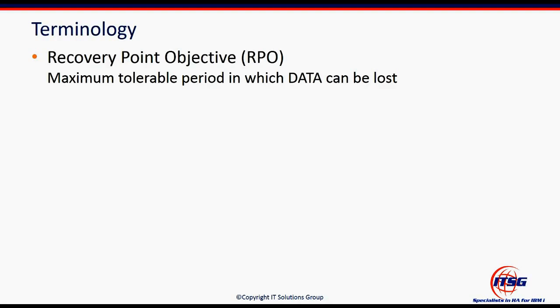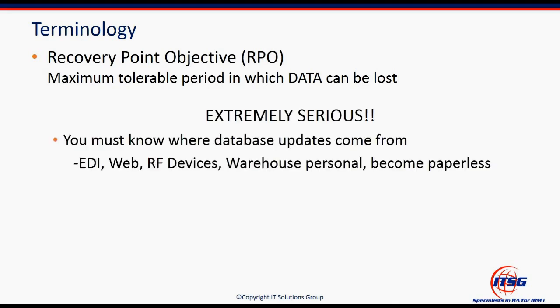Some terminology we want to talk about. The biggest one I like to talk about is recovery point objective, RPO. Maximum tolerable period of time which data can be lost. This is extremely serious. You must know where your database updates are coming from. Today we get transactions coming in from EDI, web, RF devices, warehouse personnel using scanners and RFID, and a lot of us have become a paperless society.